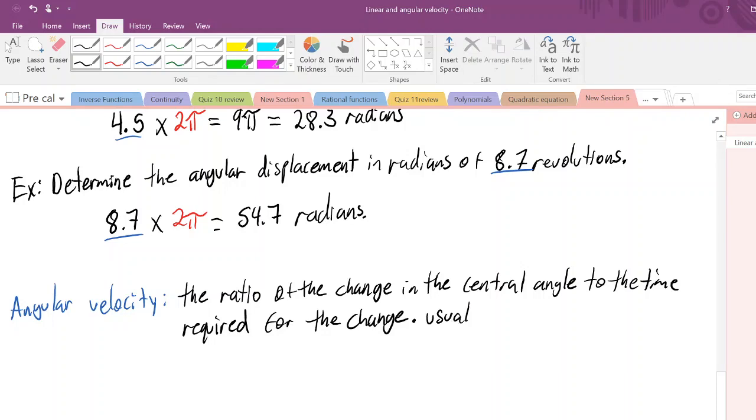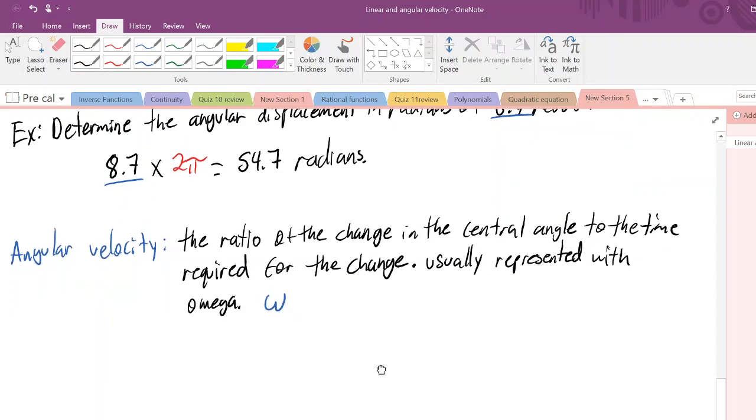Usually represented with omega. So omega. Alright, so omega kind of looks like a W. It's kind of like a W, but it's more curvy. Alright, so this is the equation that you need to know.